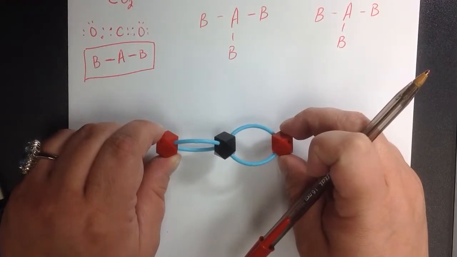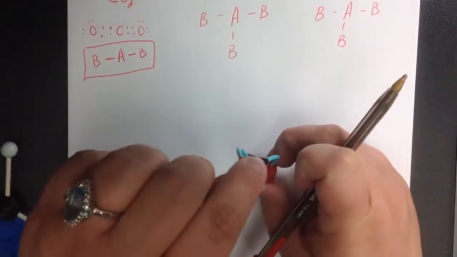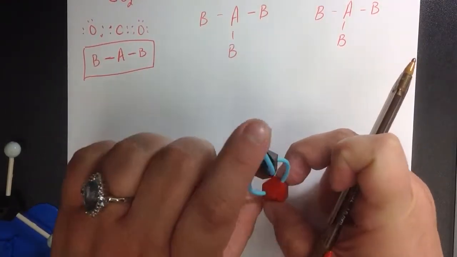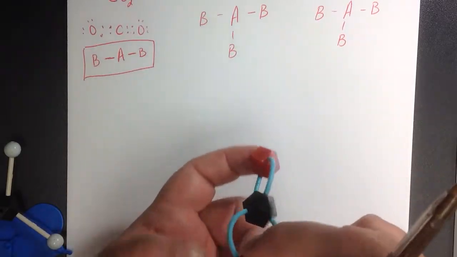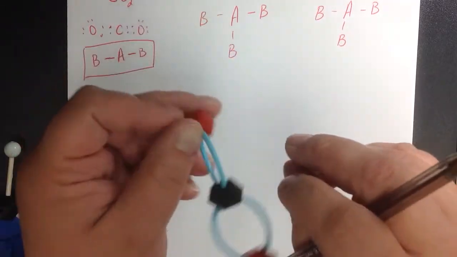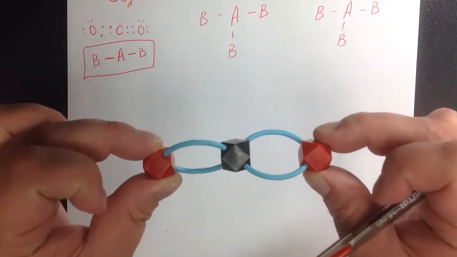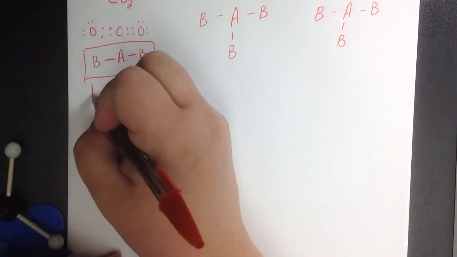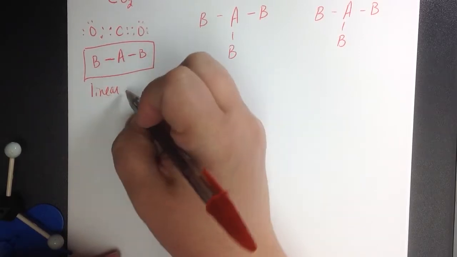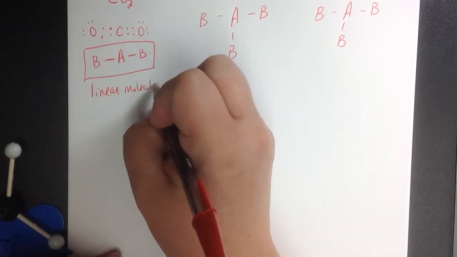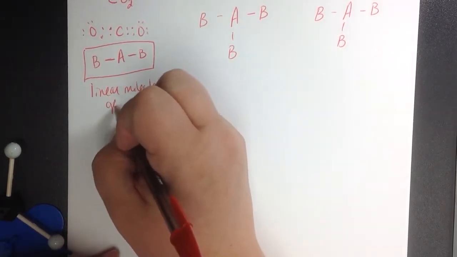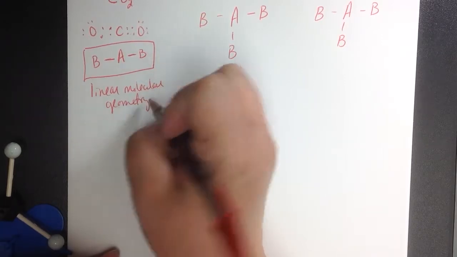That's a line, right? See how that's a line that direction, no matter which way you go. And so we call that a linear molecular geometry.